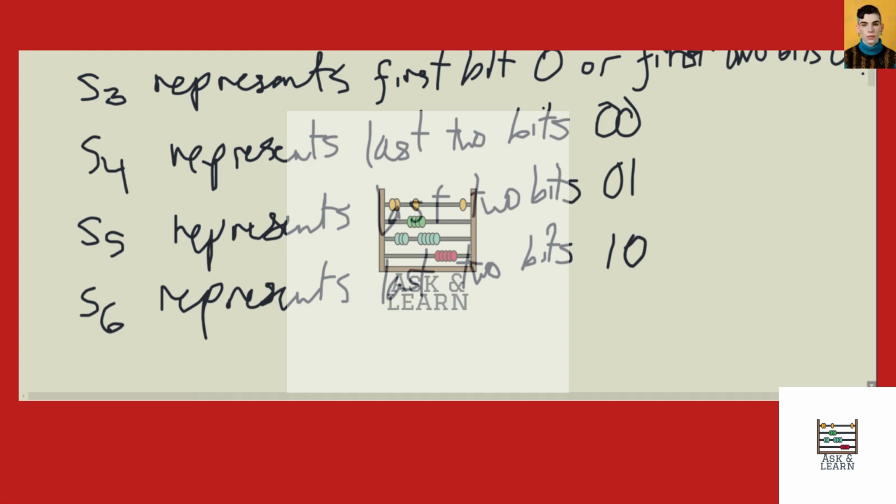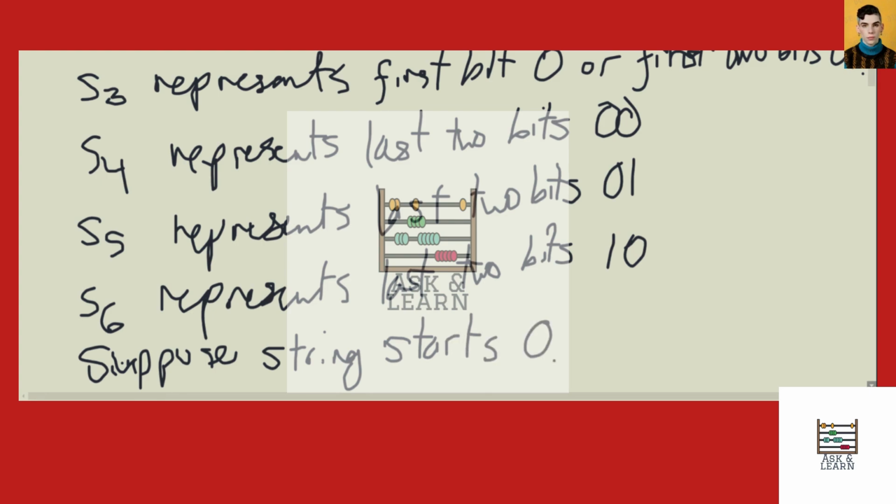So let's break this into cases. Suppose that the string starts with 0. Then we'll want to move from state S0 to a non-final state S3, because the string should not be recognized.